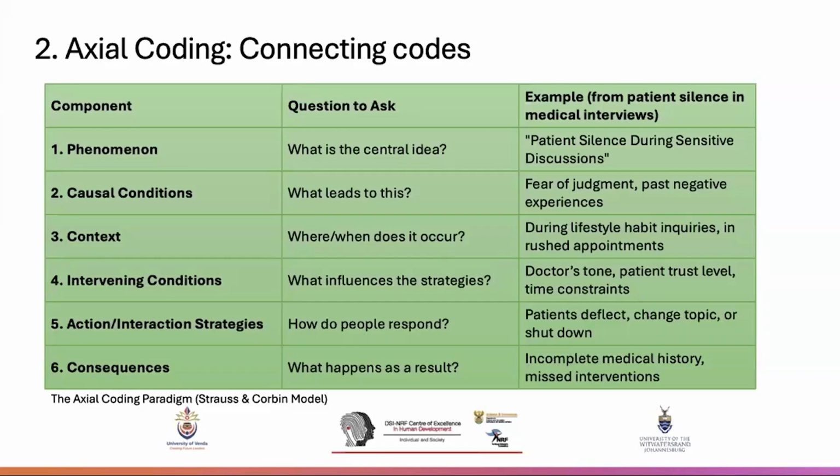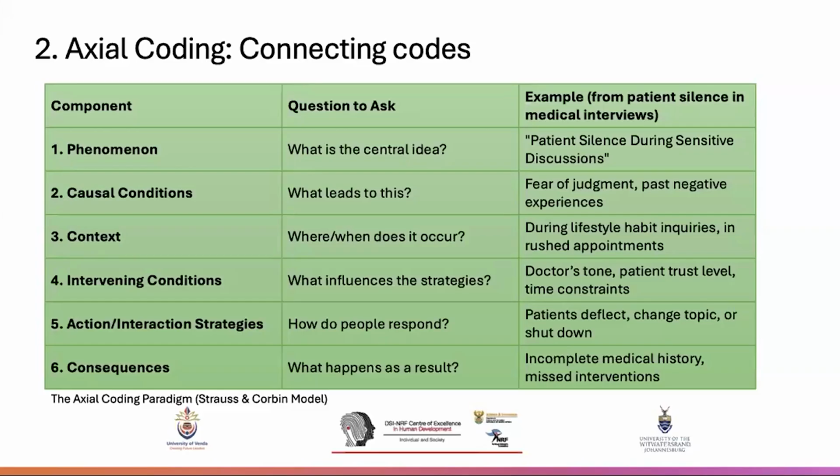And the second component will be the causal conditions. So what led to this phenomenon occurring? And from our previous excerpt, there was a fear of judgment. And this could be due to past experiences that this patient experienced. And also we factor in the component of context.